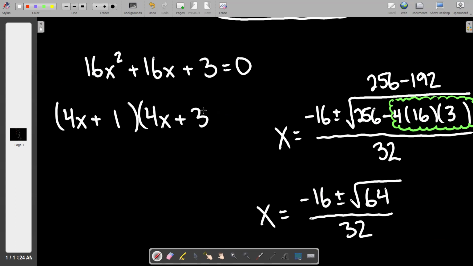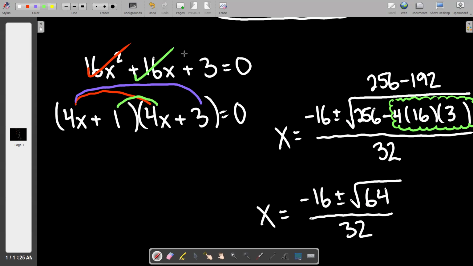You're welcome to check my handiwork. You should probably want to, because you probably think I'm making this up, huh? But look at those 2. I could have put this on yesterday's quiz and you could have solved it. How's my math? Do you want to check it? 16x squared, right? Perfect. Plus 12x plus 4x makes plus 16x.